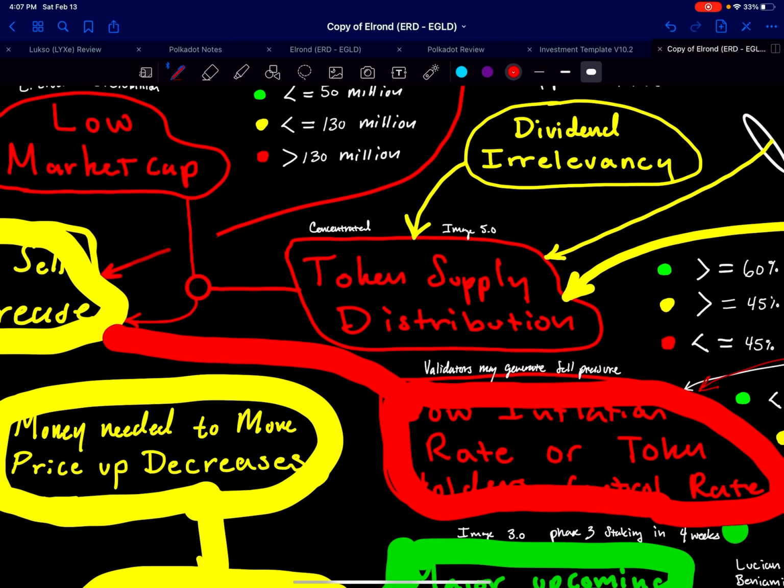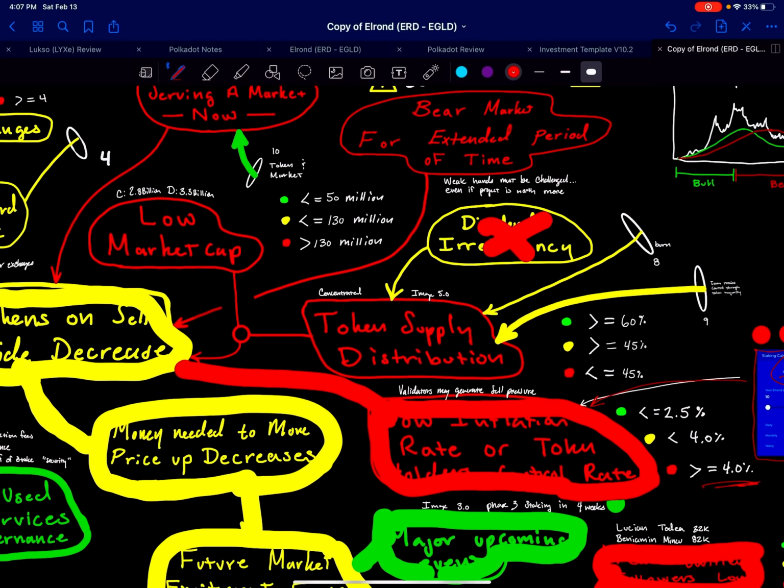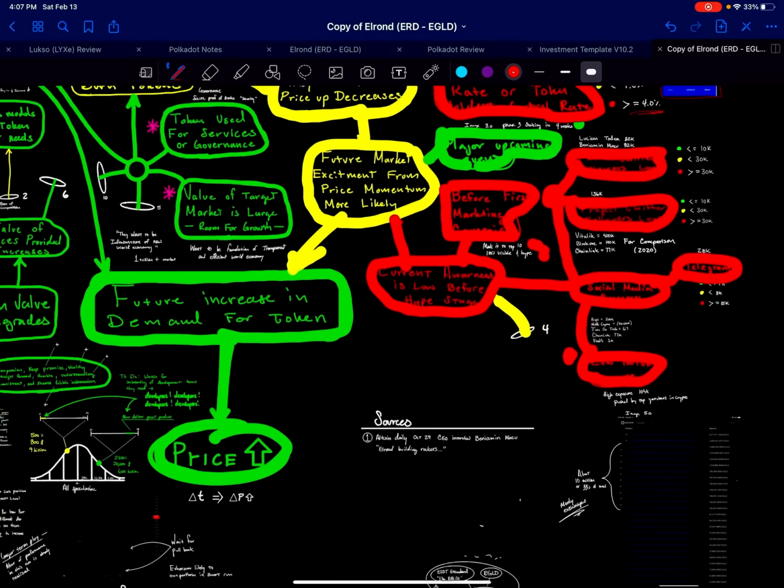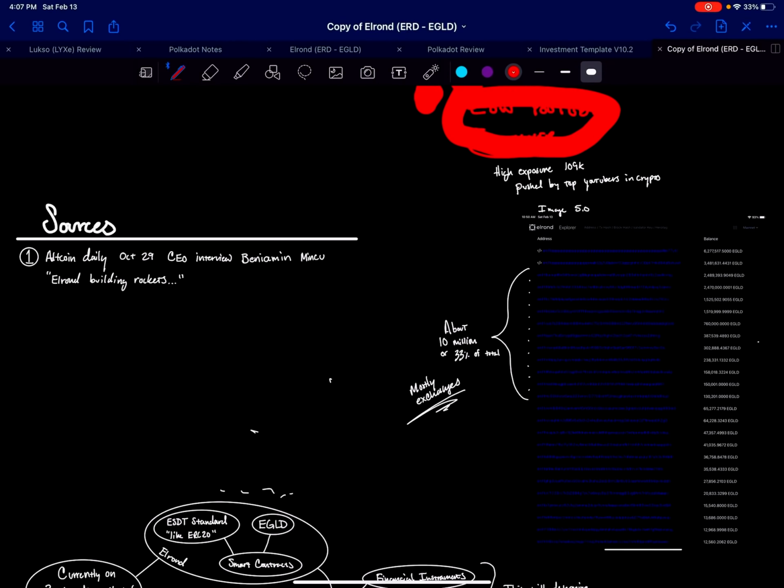Okay, so as far as dividend, that's an irrelevant question. Token supply distribution is not that good. The top 10 accounts, now a lot of these are exchanges, so you have to take that into consideration. But about a third of the supply is in the top 10 accounts, so that's pretty concentrated. If you want EGLD to be something like a store of value, it can't remain that way.